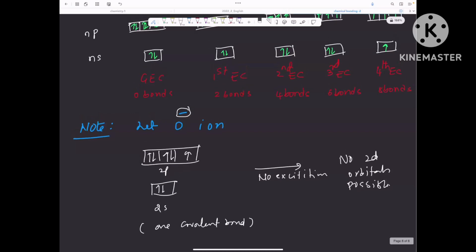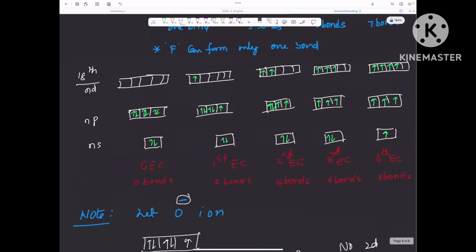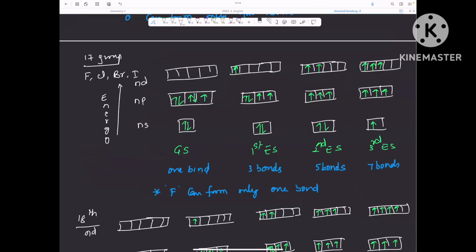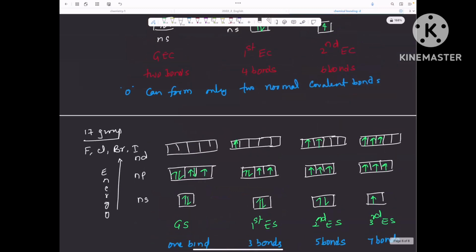Go through these notes and make very clear the ground state and excited electronic configurations and how many bonds are formed by each element.